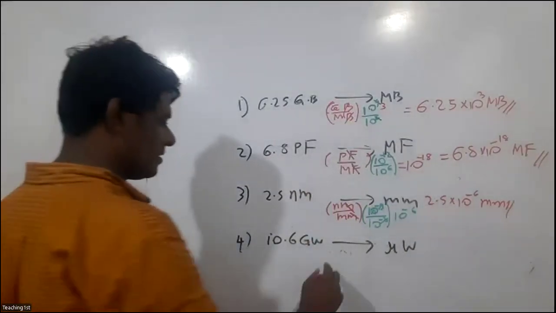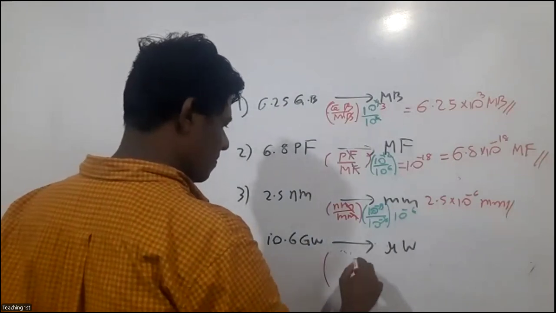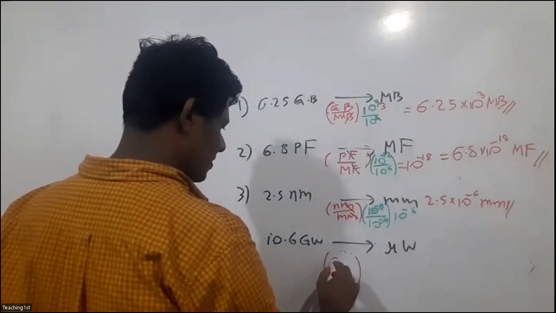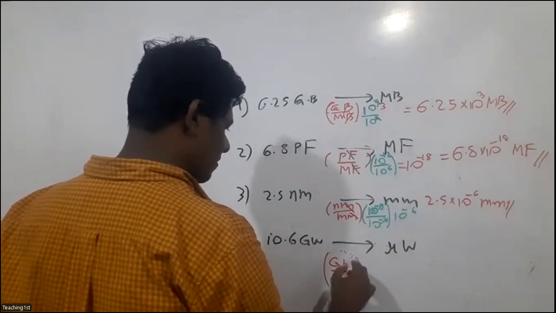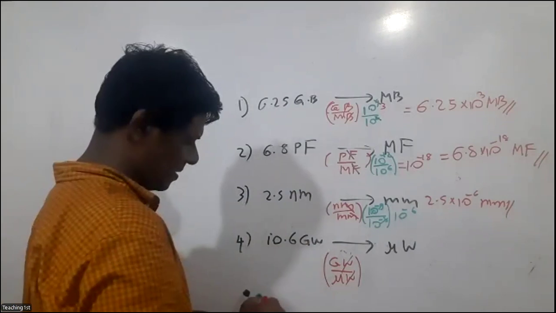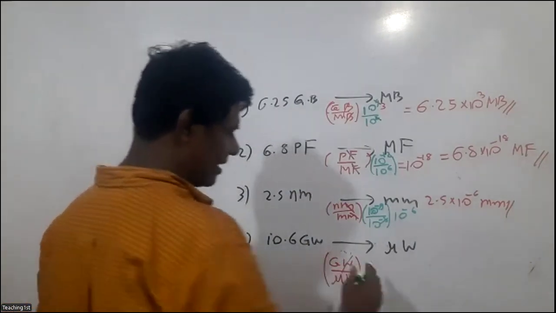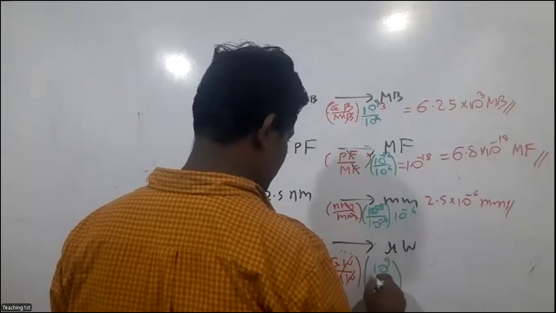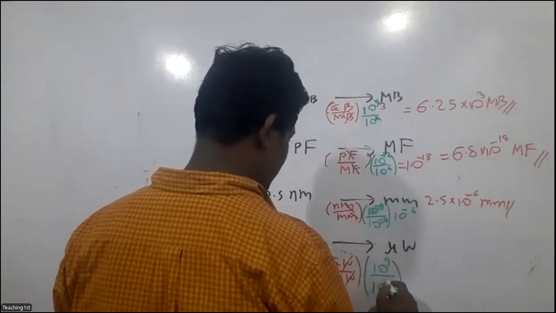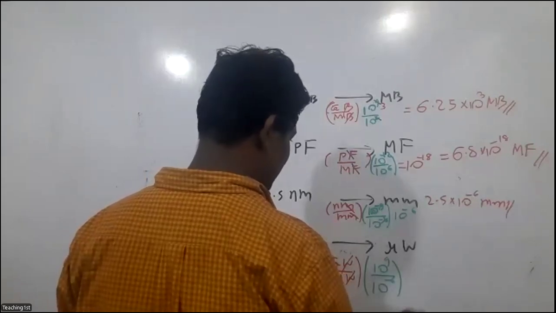The next one, gigawatt over microwatt. What and what gone? Here giga is 10 to the power 9, micro is 10 to the power minus 6.